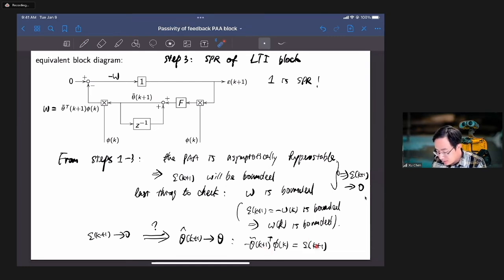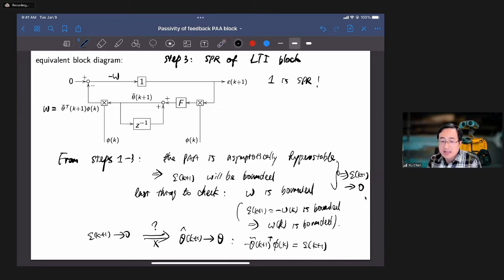The result going to 0 does not mean these two individuals are 0, or at least that theta tilde is 0, because these two vectors can be perpendicular to each other. And in that case, none of them needs to be 0 to generate a 0 output. So it is not true to claim that we will have guaranteed parameter convergence.